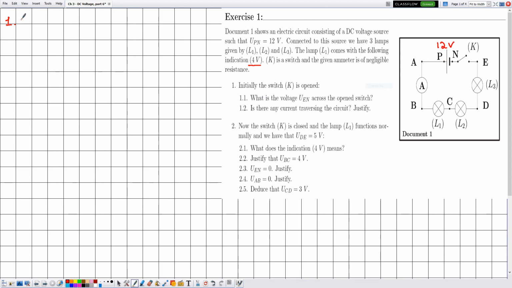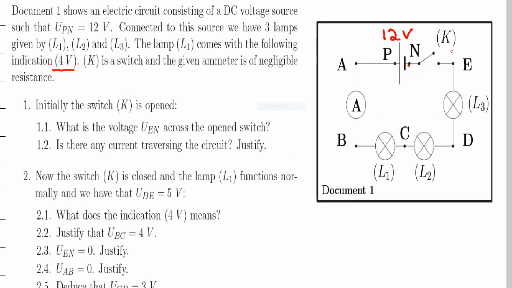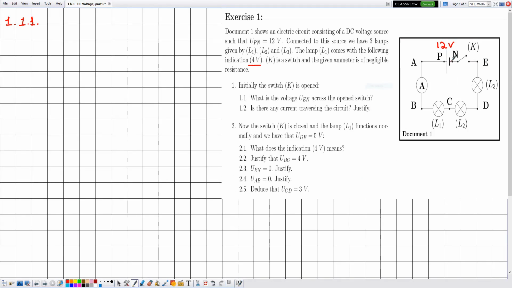So 1.1. What is the voltage UEN across the open switch? We know that an open switch in series with the battery has the same voltage of the battery.